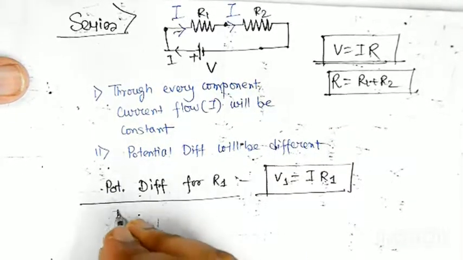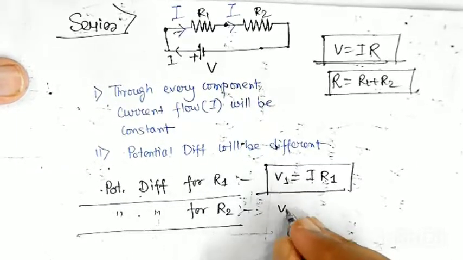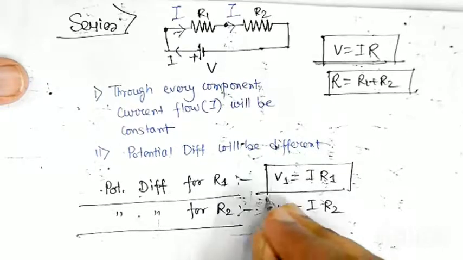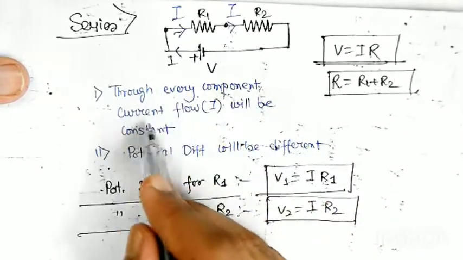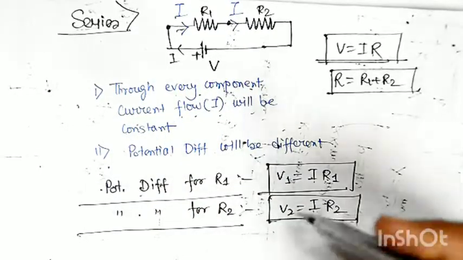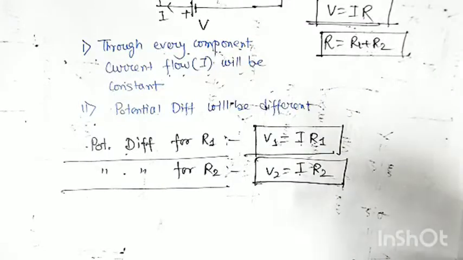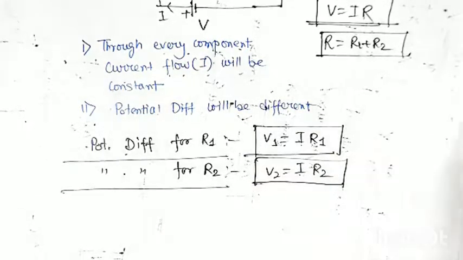Similarly, the potential difference for R2, V2, equals I into R2. You can see I is the same because through every component the current flow is constant. Now if I had more resistances, I will write V1, V2, V3, V4 and add them like this. If I had another resistance, it will be IR3.